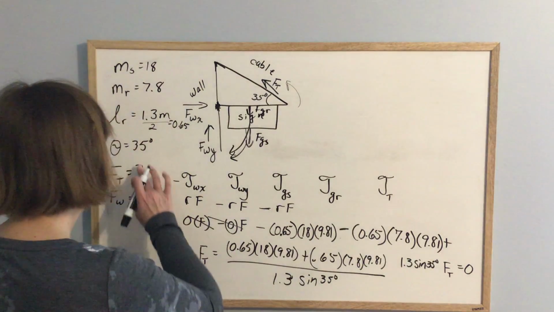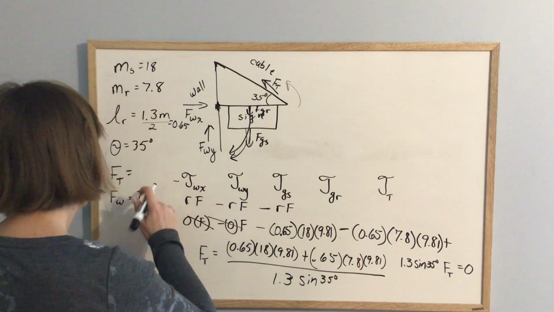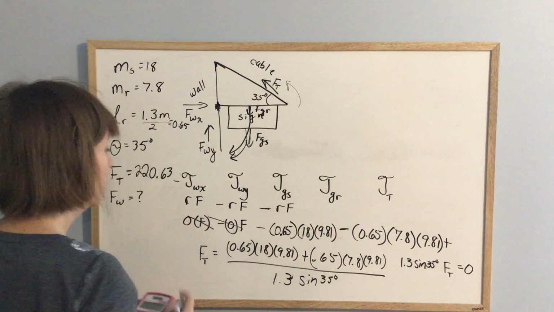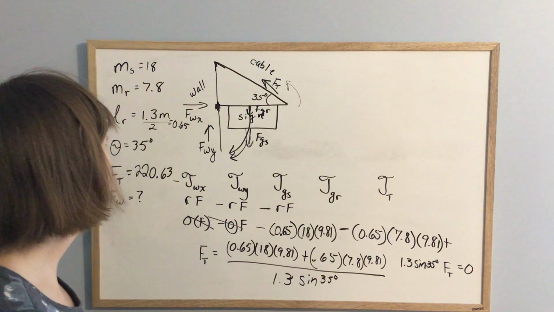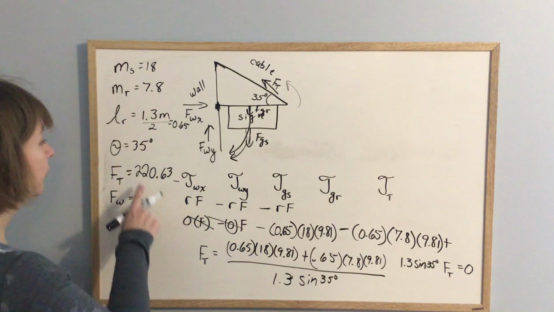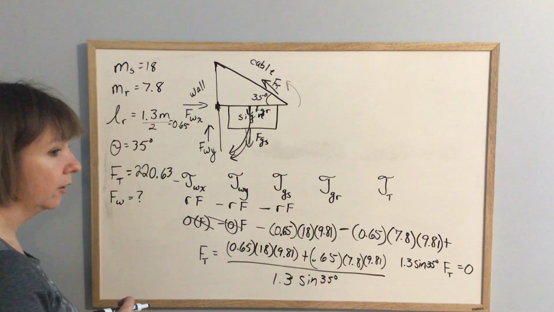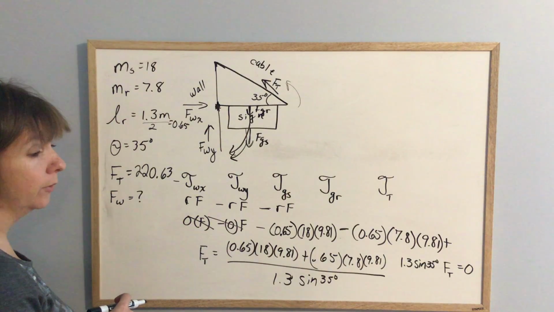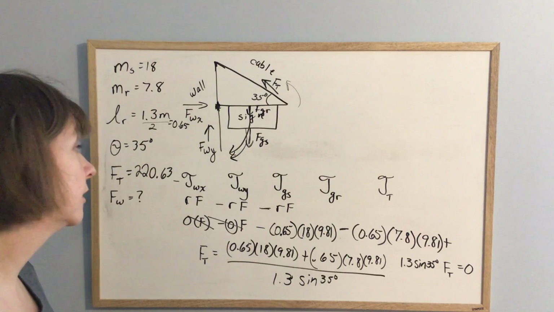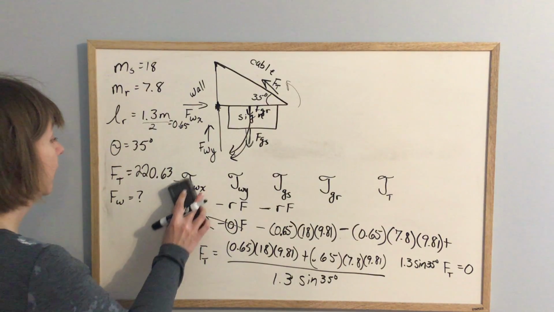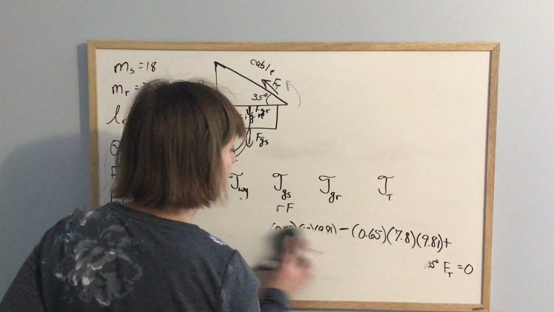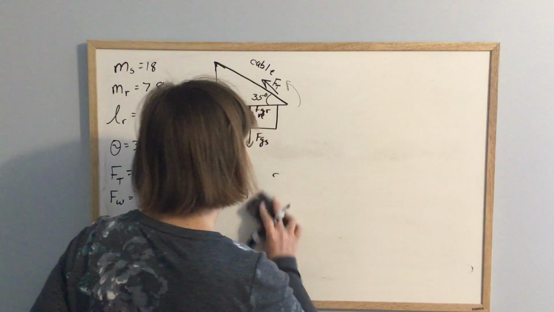So force of tension I get is 220.63. So paying attention to significant figures would have to be either 220 or 2.2 times 10 squared newtons. So I have the answer to one question that they asked me.